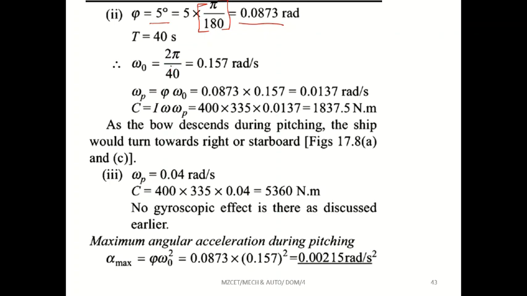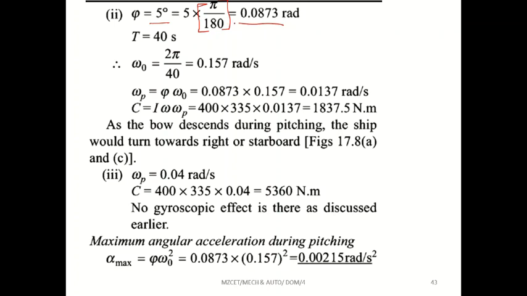So initial angular velocity will be 2 pi divided by 40, because totally it can go up to 360 degree, no? 360 degree it can go in 40 seconds, means 0.157 radian per second.